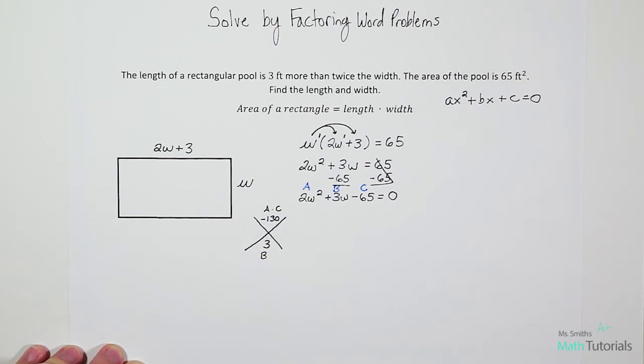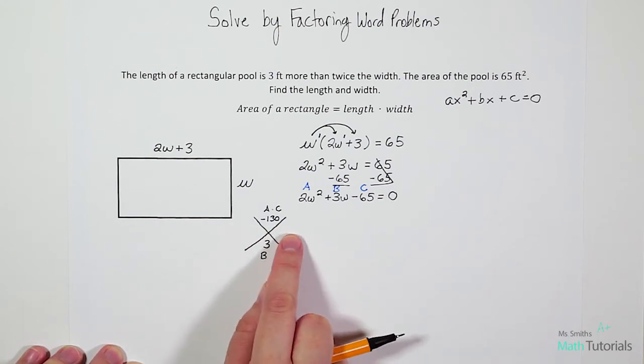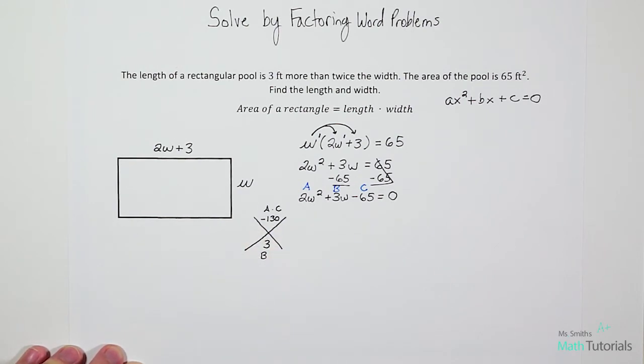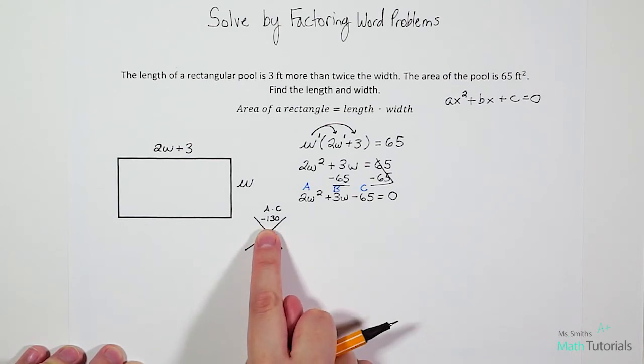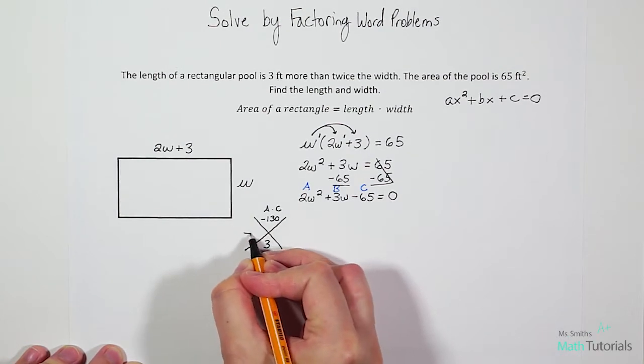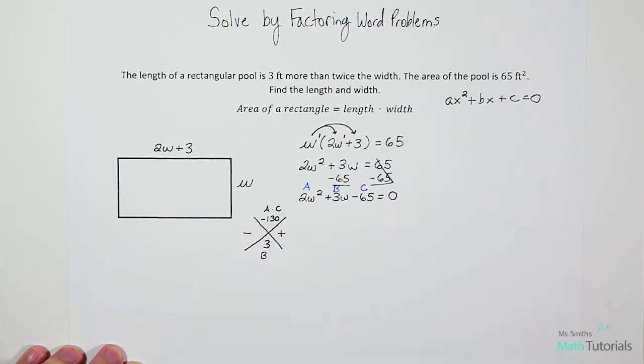Now let's think about our signs for just a second. If I'm multiplying two numbers, and I don't know what the numbers are, but I'm getting a negative number, then that tells me my signs have to be a negative and a positive. That's the only way I can multiply and get a negative.